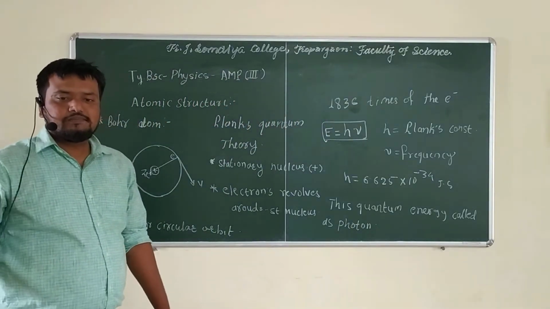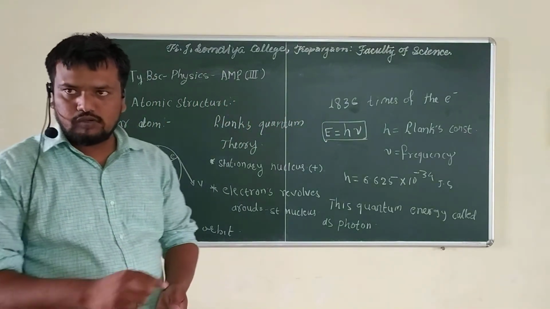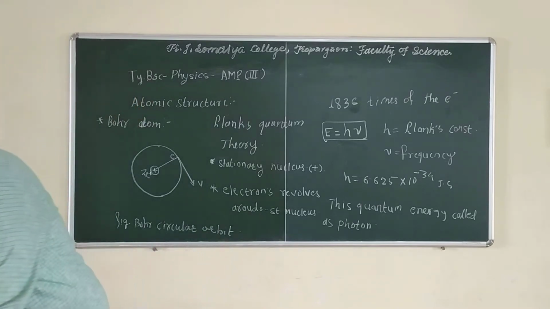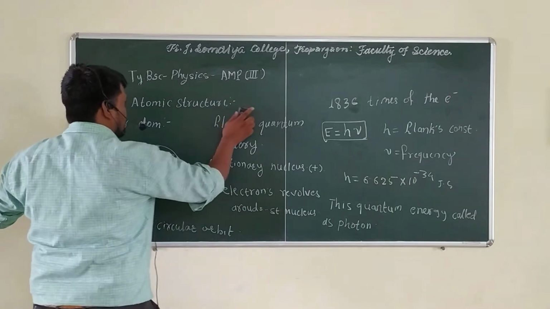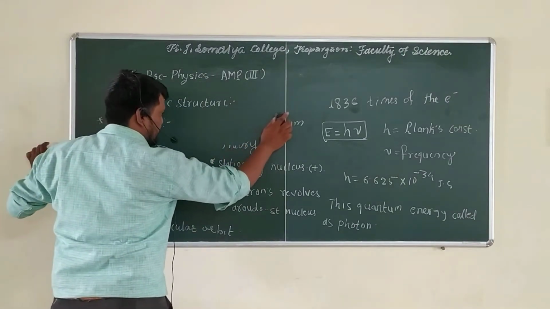Bohr's theory is based on three postulates, on the basis of Planck's quantum theory.